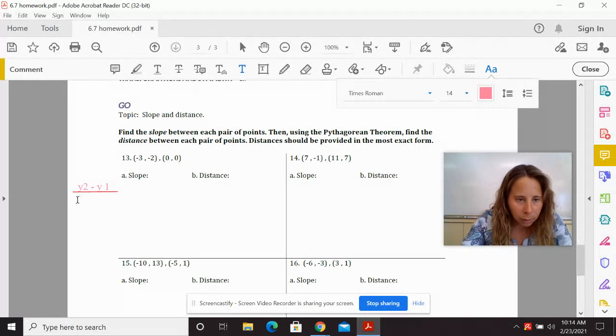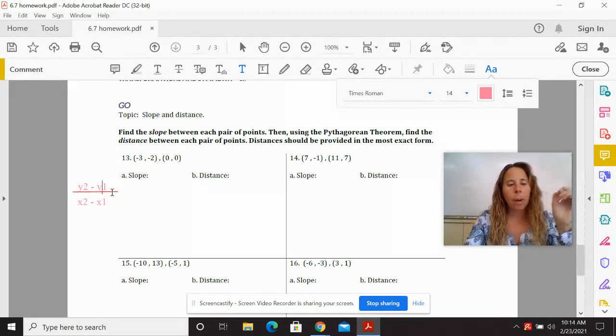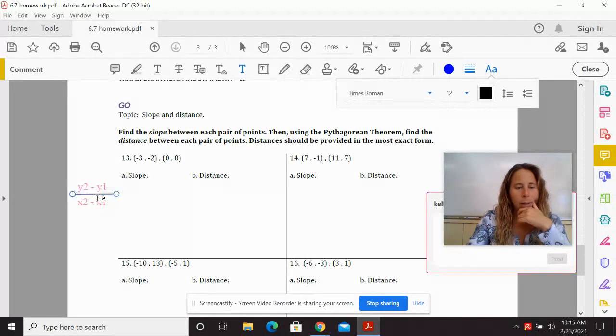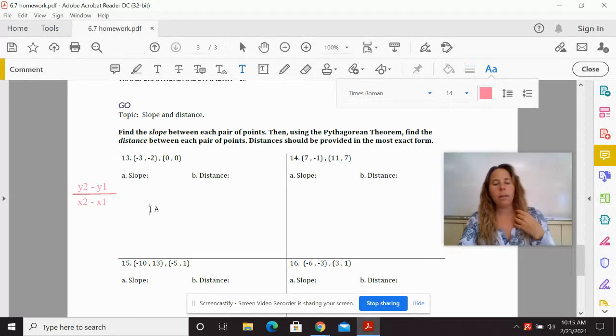Maybe it's close I can get to it. Oh no, there we go. Over x2 minus x1. There we go. Okay. Let me move my line down just a tad. There.